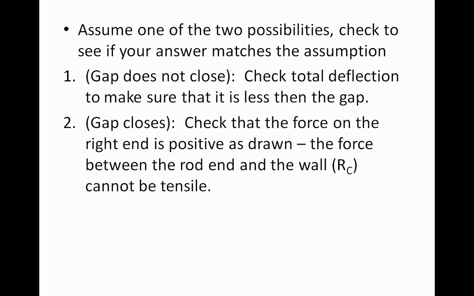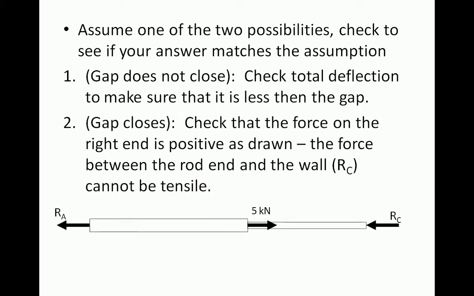The other possibility is just to make the assumption up front that the gap does close. So how do we know if our assumption is correct? Well, at the end, we'll look at the force on the right end. If the gap does close, then there will be a compressive force there. And so if the force is as we've drawn it here in the direction of that, in other words, it comes out to be a positive number, then we know that our assumption was correct.